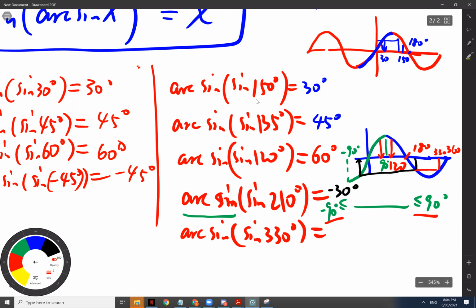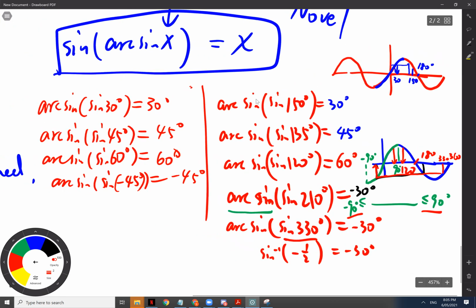Since the 330 value is here, we need this value and the inverse. -30. Or you can check this one equals -½, so sine inverse -½ is just -30. This is a hard one.